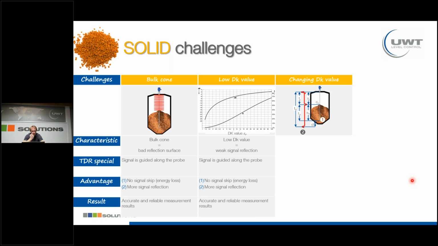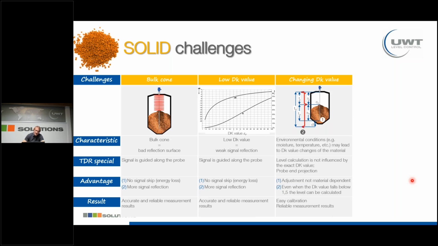The more energy that is not lost to the bulk cone reflection, reflected away and never reaching the sensor electronics, the better it is. So with this guiding, we get stronger reflection signals, and this causes more accurate and reliable measurement results, even in bulk solid applications where it's hard to get a good signal. With this guiding, the signal strength is improved.